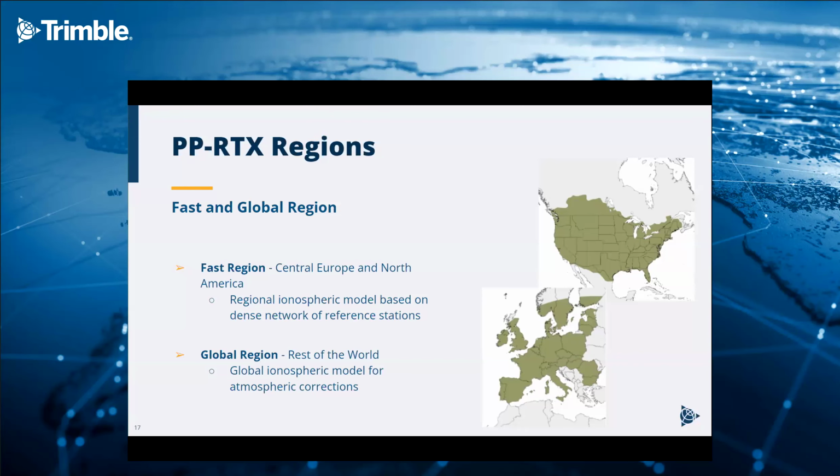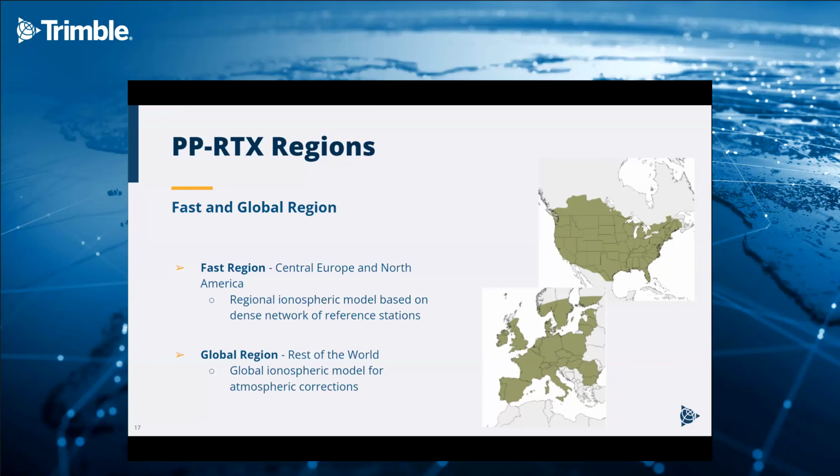Just the fact that you have a quicker convergence time in the FAST region, and we typically have a converged solution after 1 to 2 minutes for all satellite constellations. But we get almost the same convergence time in the global region if the additional and latest BeiDou 3 signals are available from the kinematic rover.